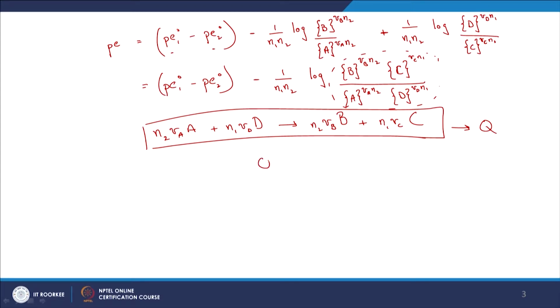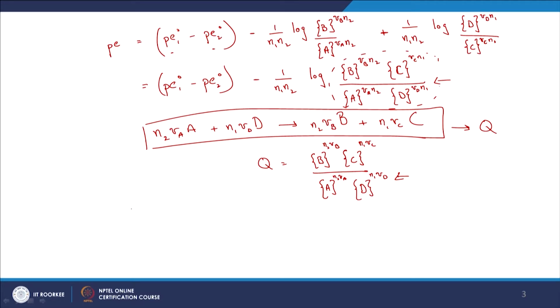So, again what is Q here? Q is nothing but activity of B raised to its stoichiometric coefficient, which in this case is N2 times mu B, and activity of C raised to its stoichiometric coefficient, which in this case is N1 mu C, by activity of A raised to its stoichiometric coefficient, which is N2 mu A, times D raised to its stoichiometric coefficient, which is N1 times mu D. Again, as we see, this is nothing but equal to this particular variable.